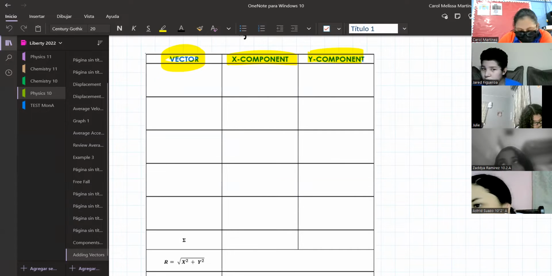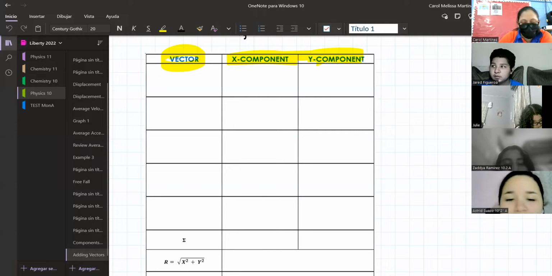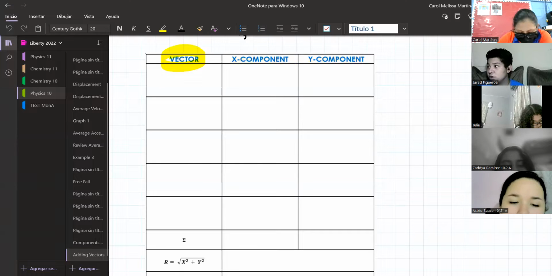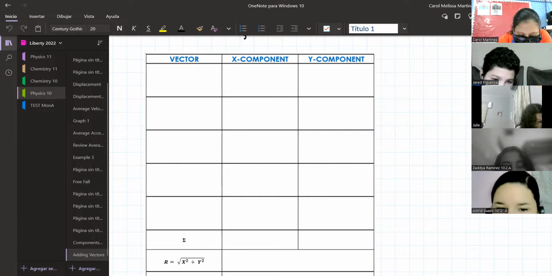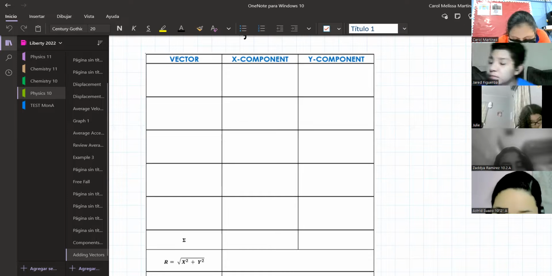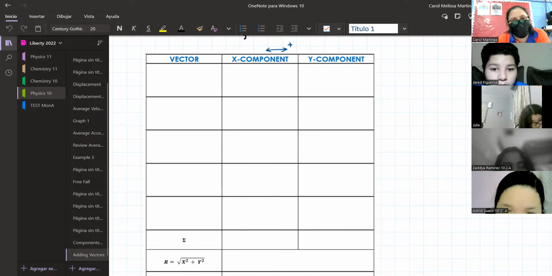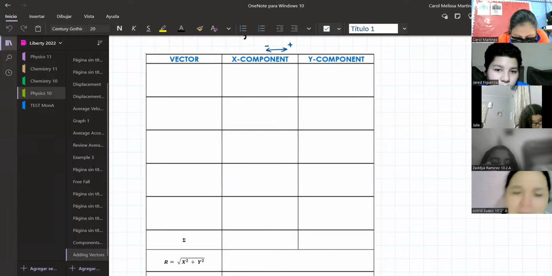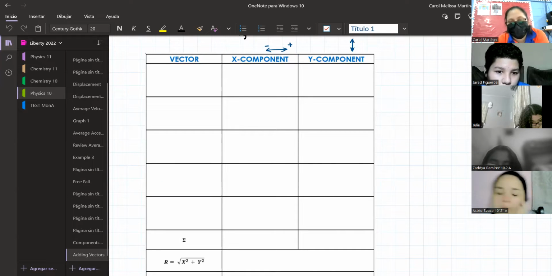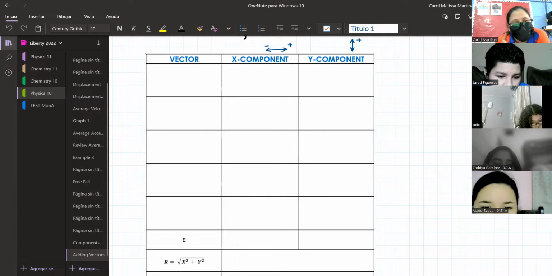As a reminder, in your x component, you're going to have positive to the right and negative to the left. And in the y component, you're going to have positive upward and negative downward. Don't forget this.